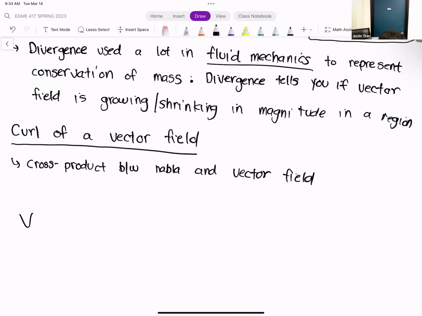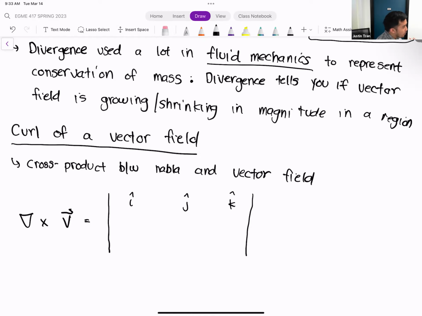It looks like this. We have our nabla operator crossed with vector field V. Just like we learned last week, the way we compute this is through a pseudo matrix determinant. We have i hat, j hat, k hat, and then the components of each of our input vectors.